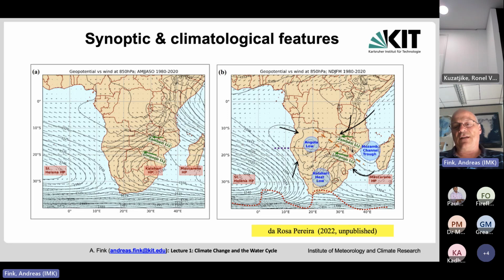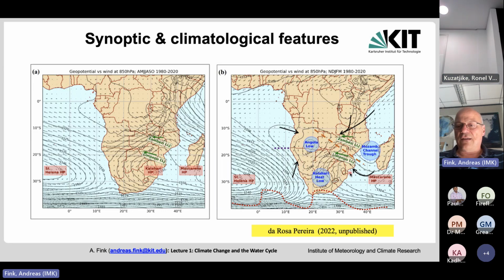I can already tell you that the bulk of the moisture for the rains comes from evaporation from the warm Indian Ocean. There's a little bit of moisture coming in northwestern Angola from the Atlantic. And if any, here it's very dry, some moisture coming from this part of the Atlantic.